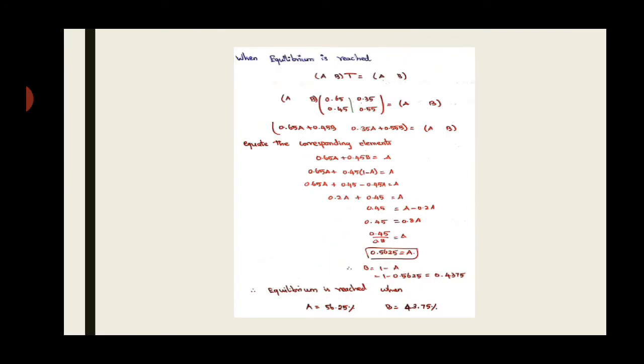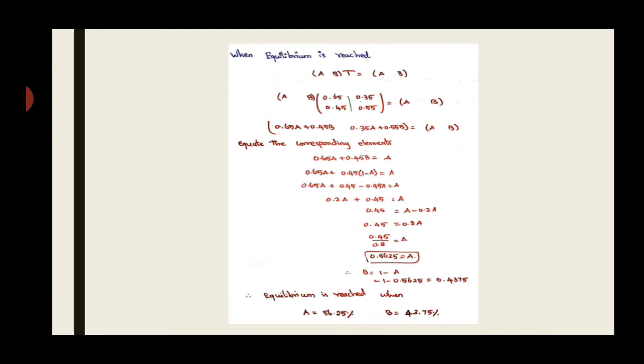And now we have to find the equilibrium level. So the next subdivision. When equilibrium is reached, the condition is AB with T is equal to AB. So AB matrix, when you multiply with the T matrix, 0.65, 0.35, 0.45, 0.55, you have to again get AB.